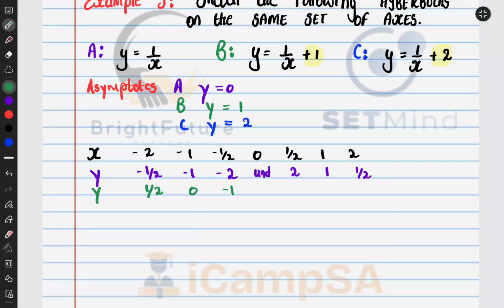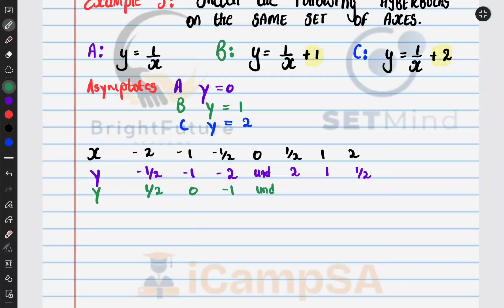And then what else do we have here? Where x is equal to 0, it's still undefined. And then we have, 2 plus 1? No, it's not, so I'm making a mistake.